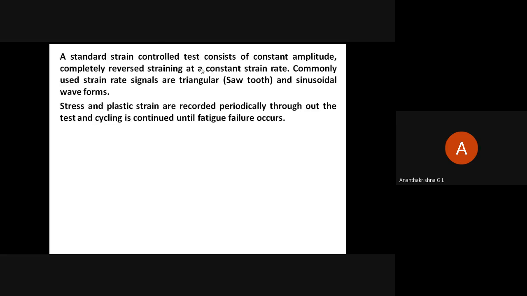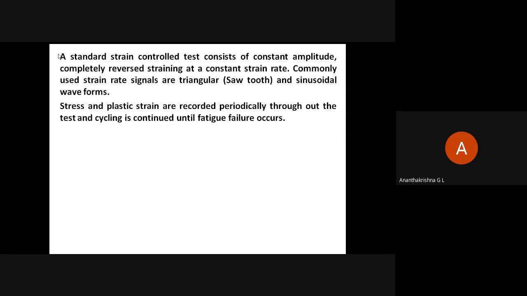Commonly used strain signals are the triangular, sawtooth or sinusoidal waveform. The sinusoidal waveform is alternately positive and negative with constant amplitude. Stress and plastic strain are recorded periodically throughout the test and cycling is continued until fatigue failure occurs.